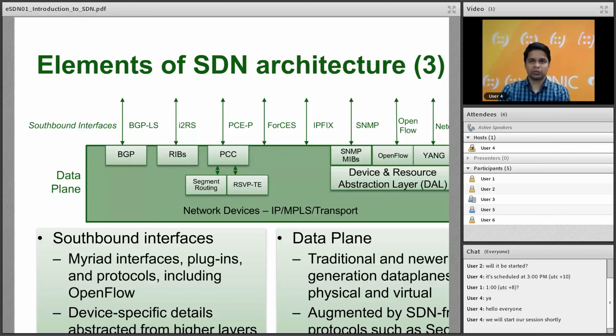In the data plane, we have the traditional dumb data plane. It could be physical or virtual, and it could be routers, switches, white boxes, soft switches, and so on, augmented by SDN-friendly protocols such as segment routing, which could be used in the data plane only also.